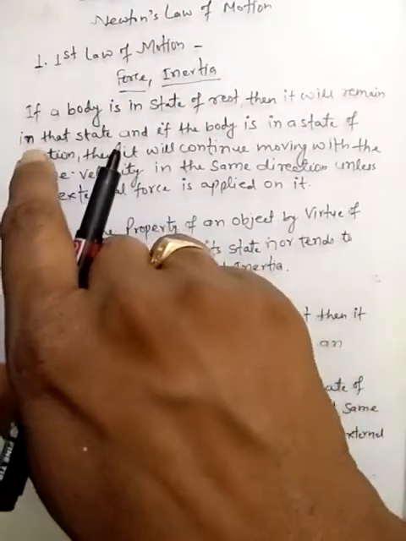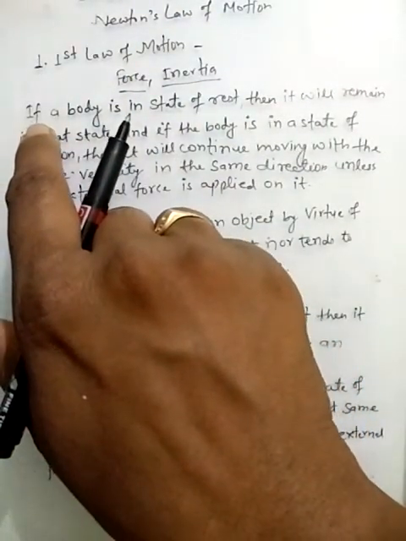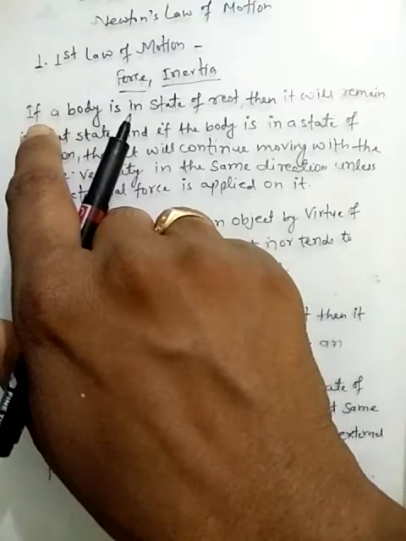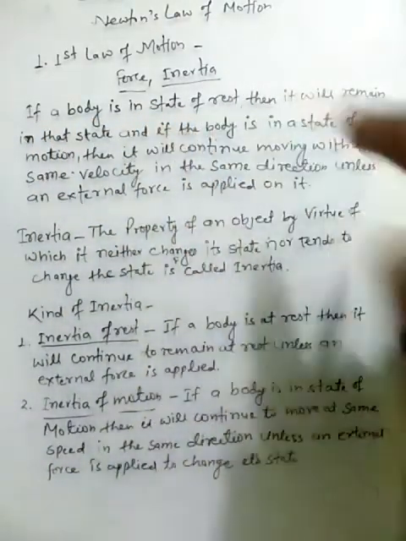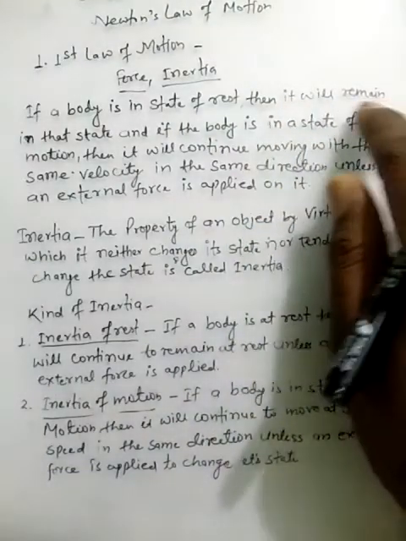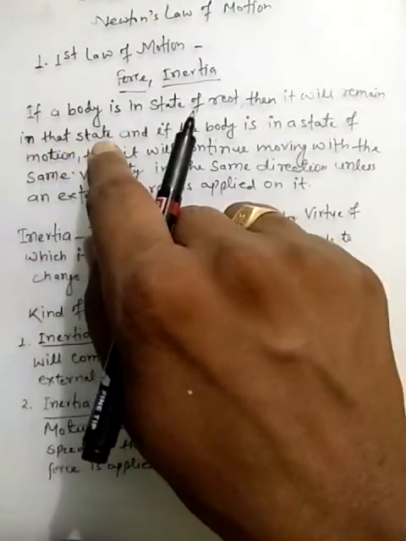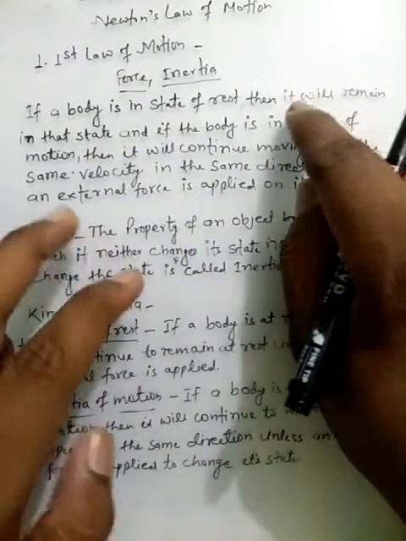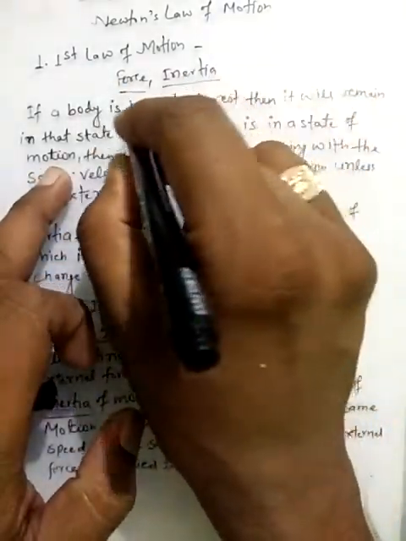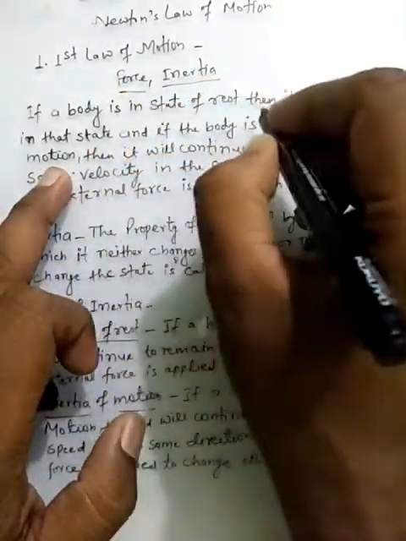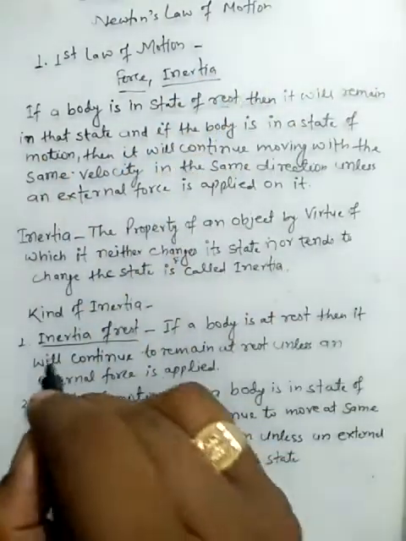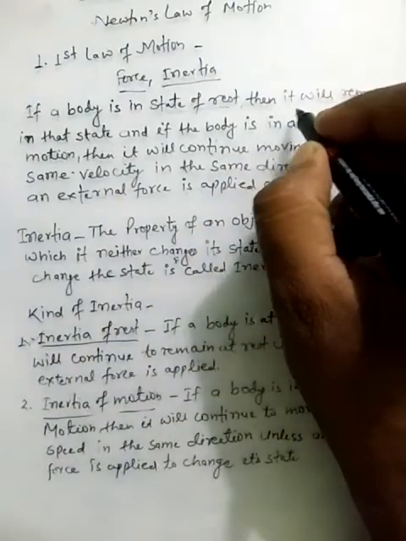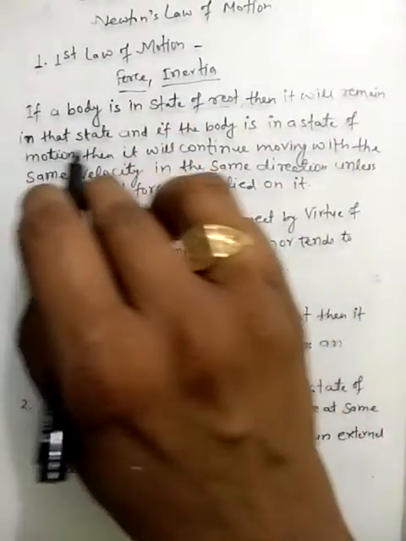Again, if we read out the statement of the first law of motion, it states that if a body is in a state of rest, this condition represents the inertia of rest, then it will remain in that state.